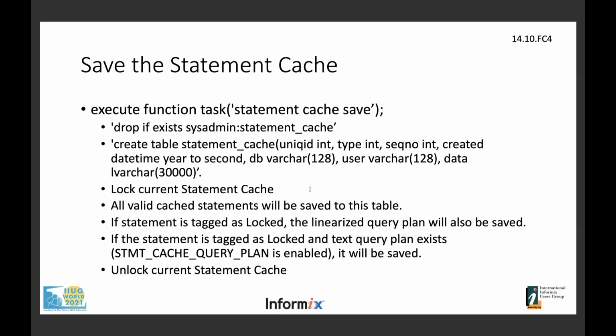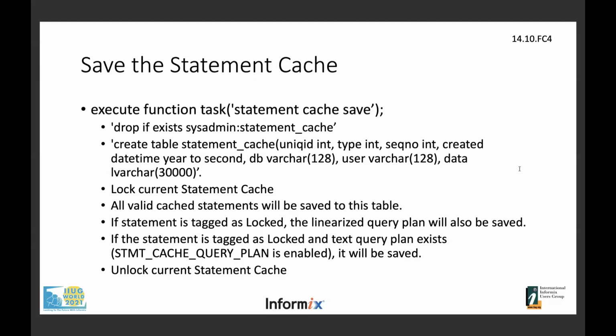So that led to this new one, execute function task statement cache save. What it does is it creates a table in the sysadmin database called statement cache, and it locks the current cache, and all the valid cache statements will be saved into that table.